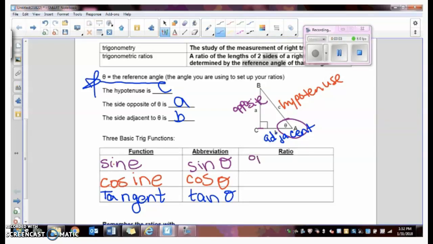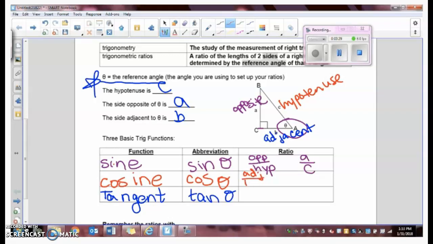And this refers to a specific ratio. The sine of theta is the ratio of the opposite side divided by the hypotenuse, or a over c if we're looking at that triangle. Remember, this is only the sides, so you're never dividing the angles.